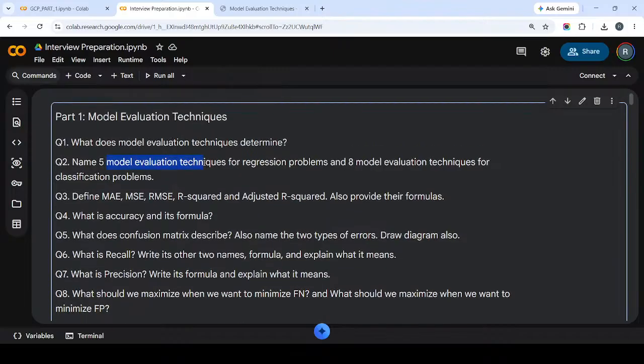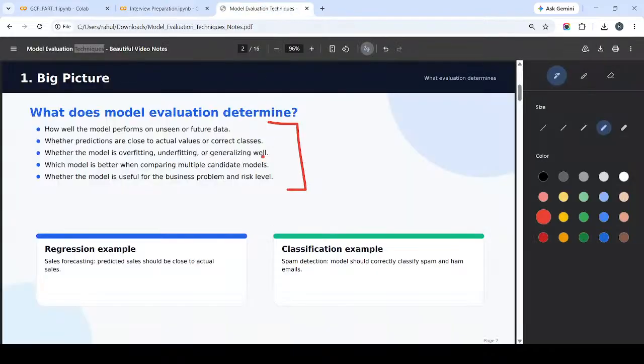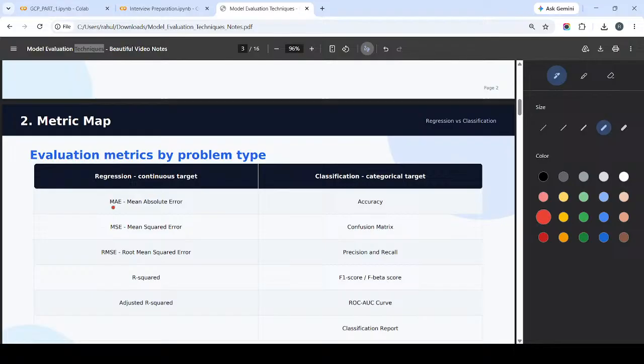For regression problems, these can be mean absolute error, mean squared error, then root mean squared error, which you have heard a lot about, then R squared, and lastly adjusted R squared. We will discuss them in detail.